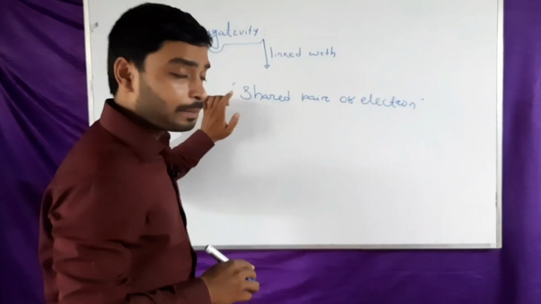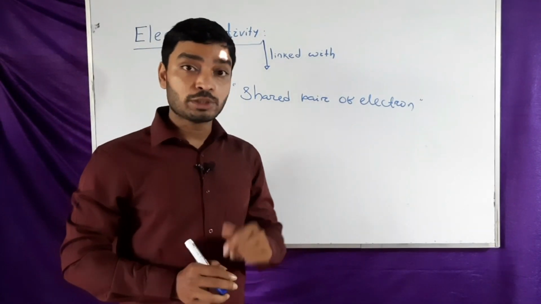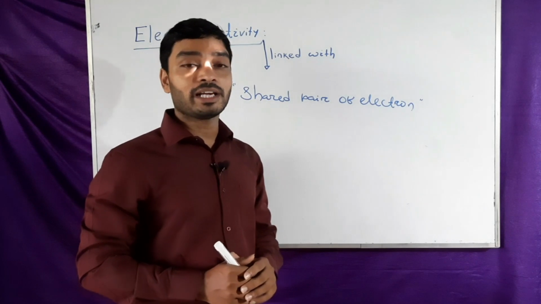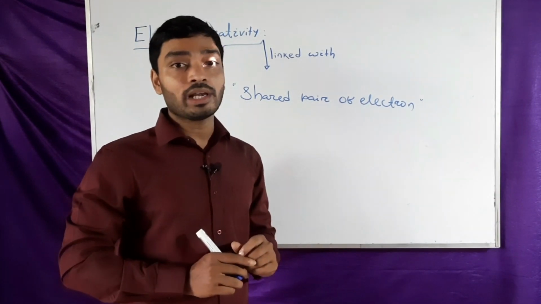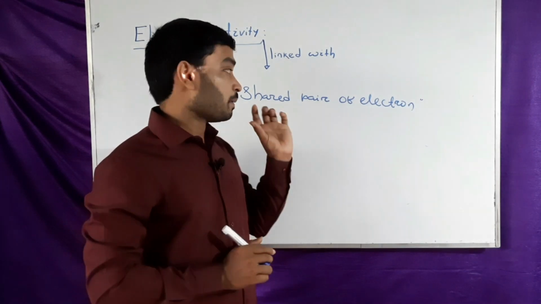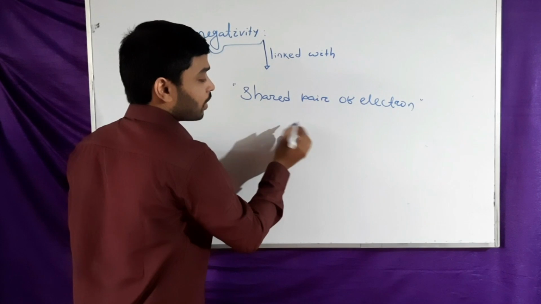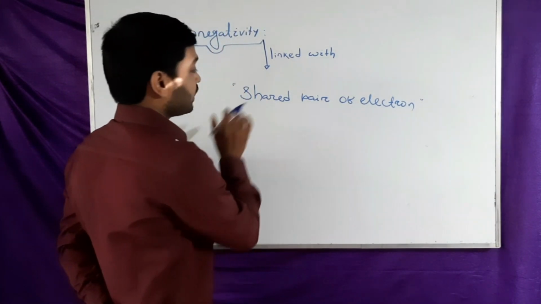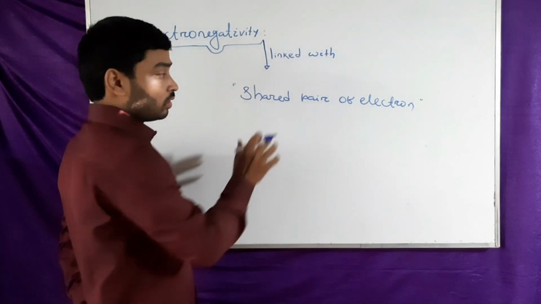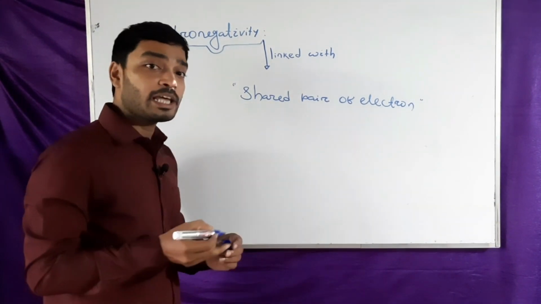So share pair means if the atoms which participate in chemical bond formation involve their unpaired electrons, then at that condition the electron pair is called a share pair of electron.